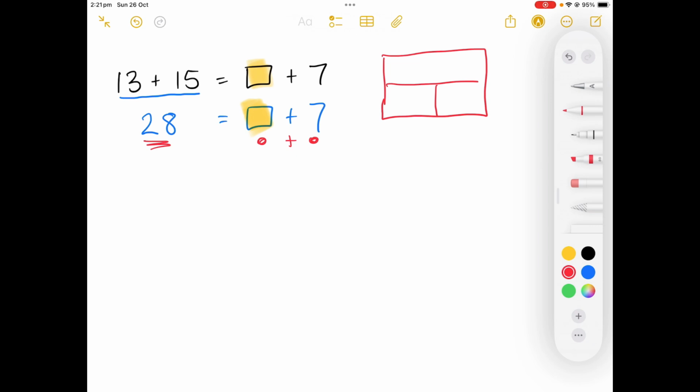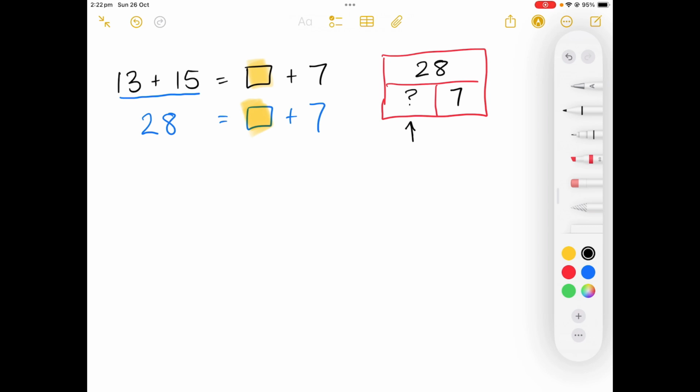So that means these two are parts and this is the whole. If those two are the parts and this is the whole, then we would know that 28 is the whole, and that's going to be something plus 7. So that number has to be less than 28.